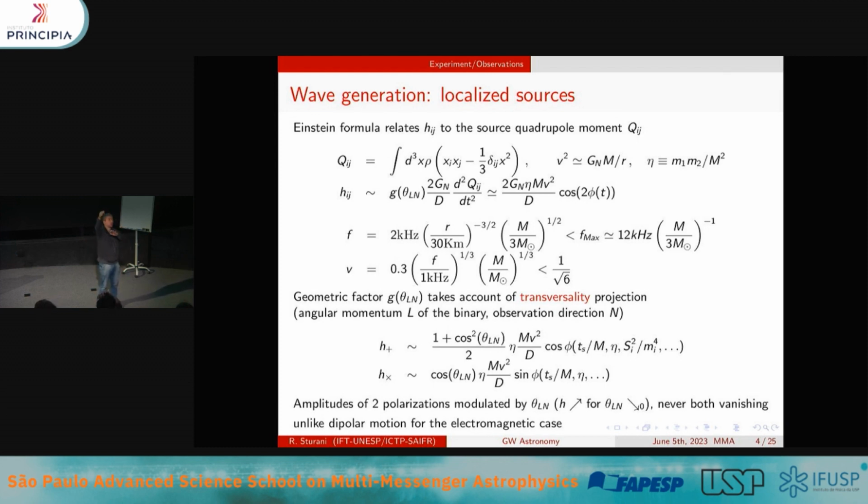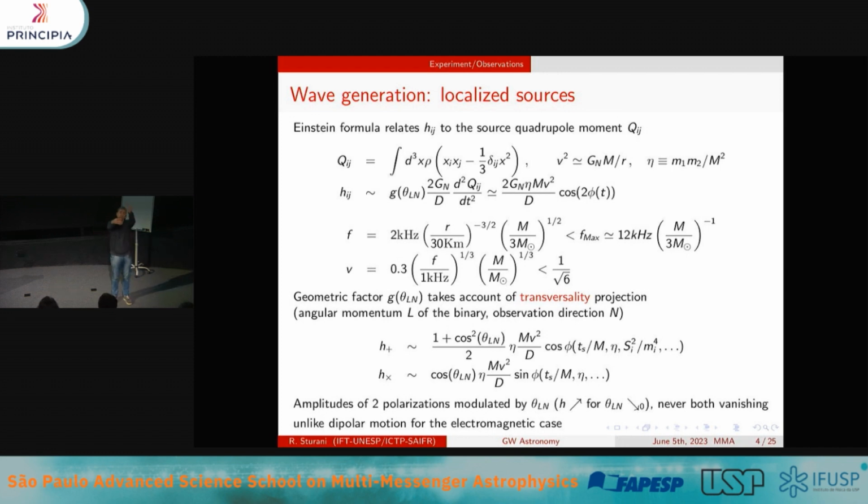And of course, the source is so far away that if I look at it from here or from there, the viewing direction is exactly the same, no? Because the detectors are a few thousand kilometers apart, whereas the source is 100 megaparsecs away, okay? A megaparsec is 10 to the 19 kilometers, so the source is basically at infinity, and this parallax is impossible to measure. So this theta is the same for all the detectors.